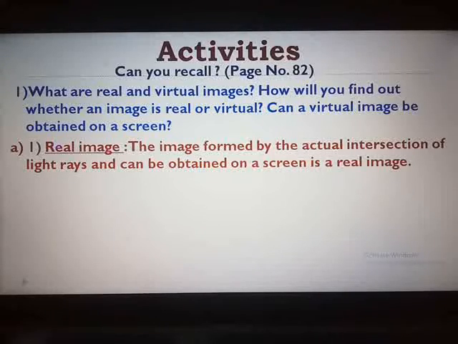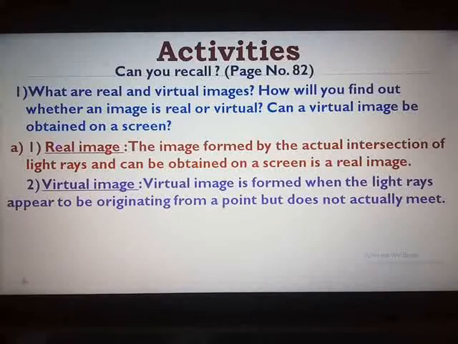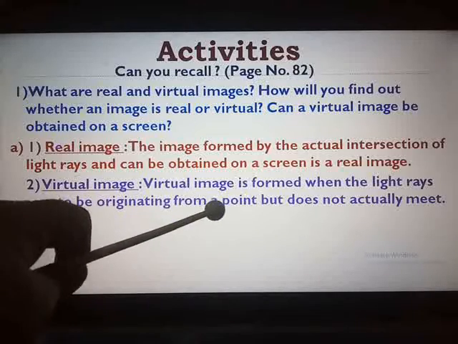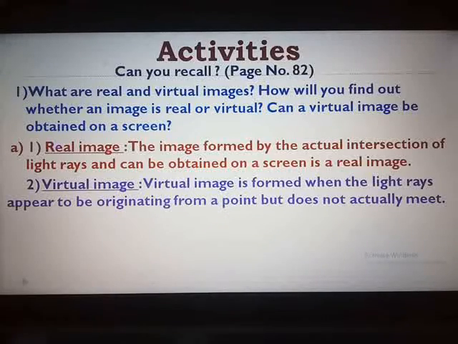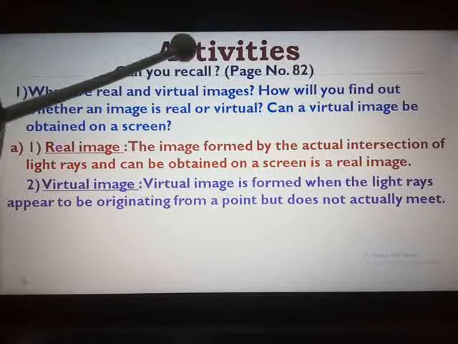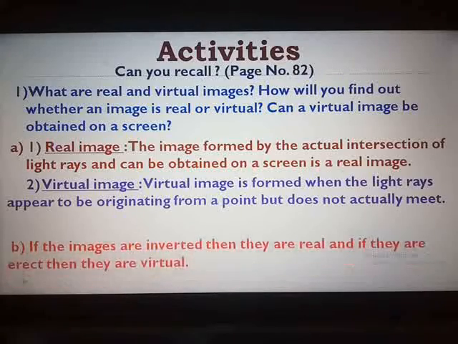Any other relevant definition which suits the real image you can write on your own. Virtual image: a virtual image is formed when the light rays appear to be originating from a point but do not actually meet there. Now, how will you find out whether an image is real or virtual?